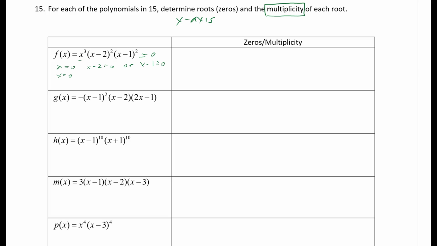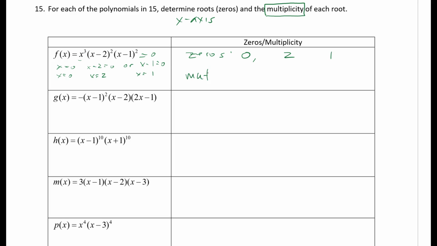And if we solve these, that's x equals 0, this is x equals 2, this is x equals 1. So those are going to be the zeros of this polynomial. It'll cross the x, or touch the x-axis, I should say, at these points, 0, 2, and 1.